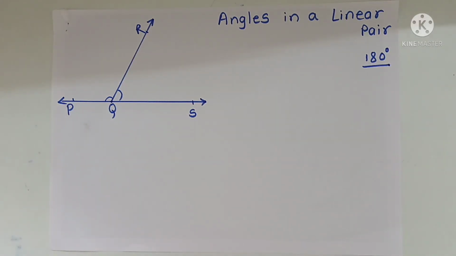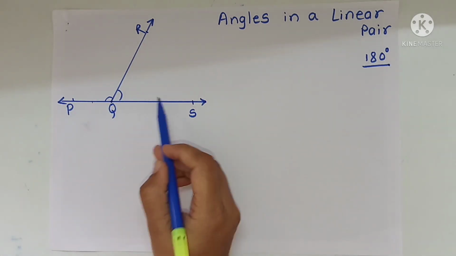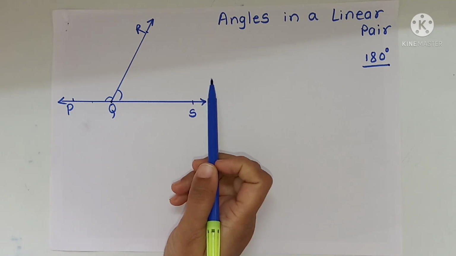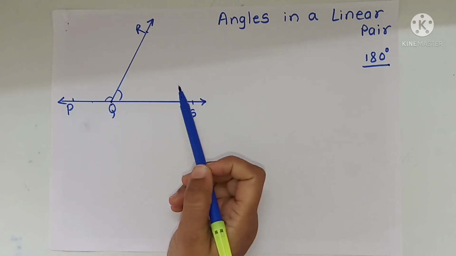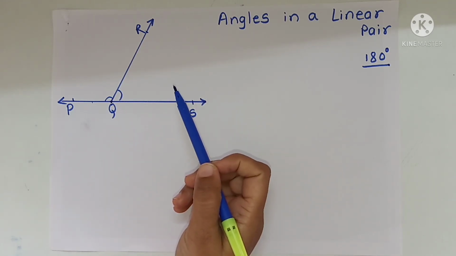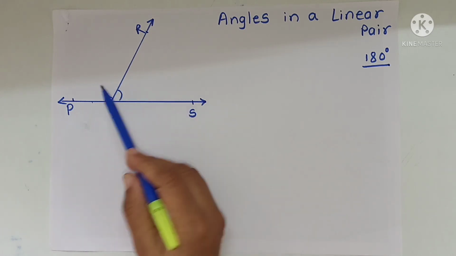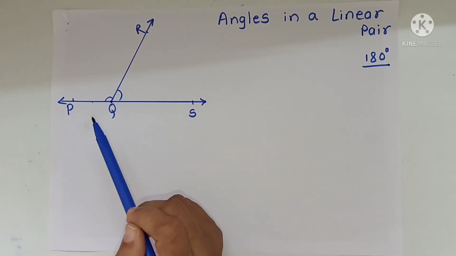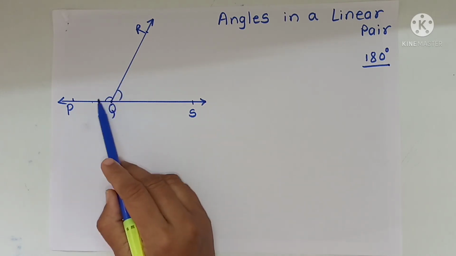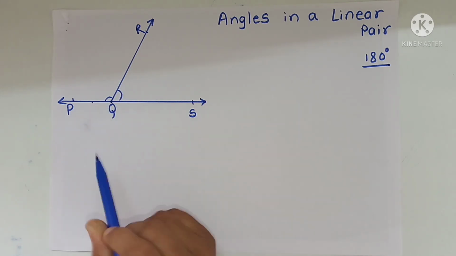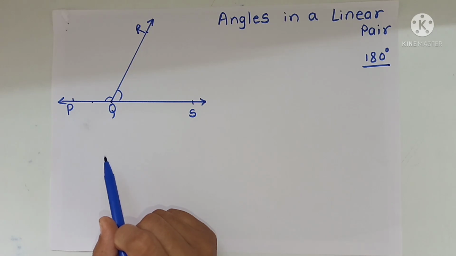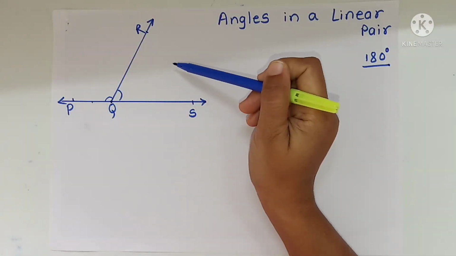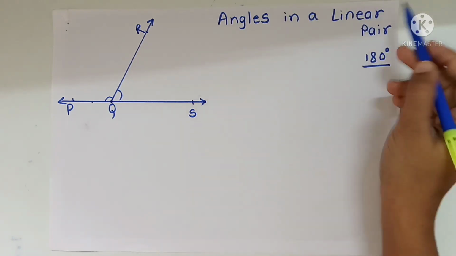The arms that are not common, that is arms QP and QS, form a pair of opposite rays. That is, these arms form a straight line. So we say that these angles form a linear pair.